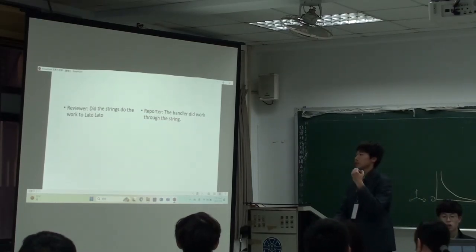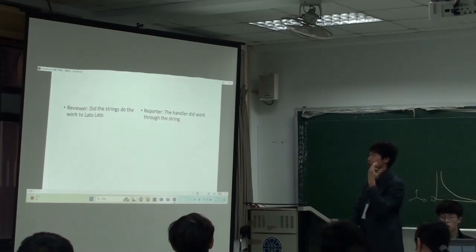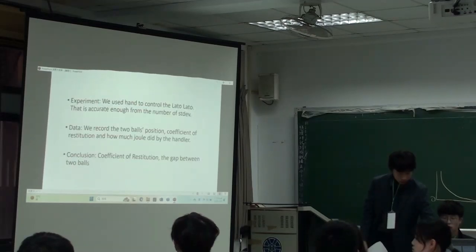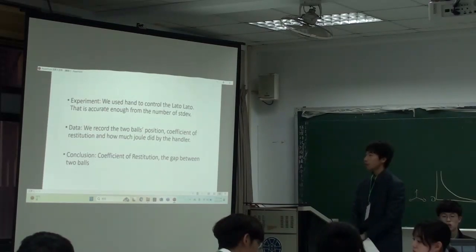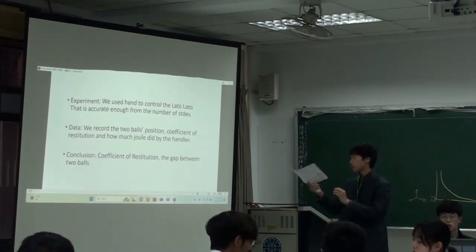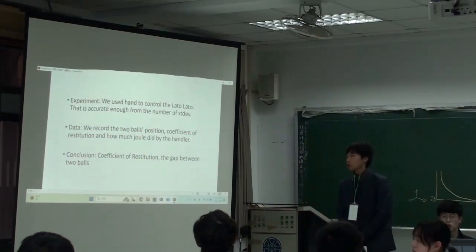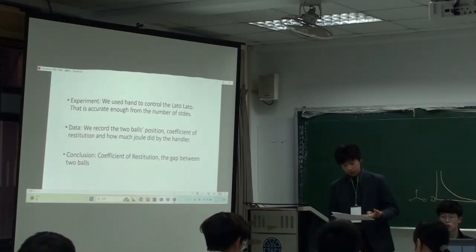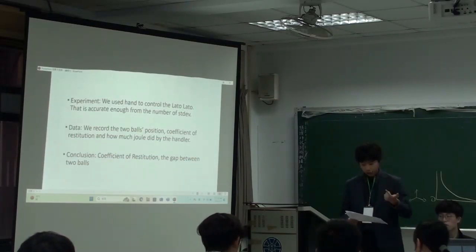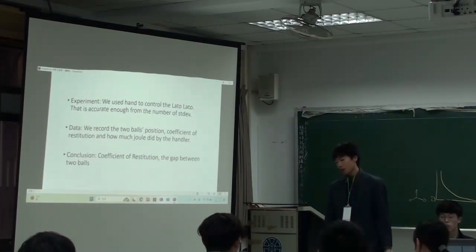Let's do the work to the lateral, and the reporter says the handler did work to the string. In experiments we use a hand to control the lateral. And we look at the lateral's position, coefficient of restitution, and how many joules are given by the handler. So it may not be so accurate, and we think we need to consider spin, and that it might not be a small angle, and need to consider the 3D situation.